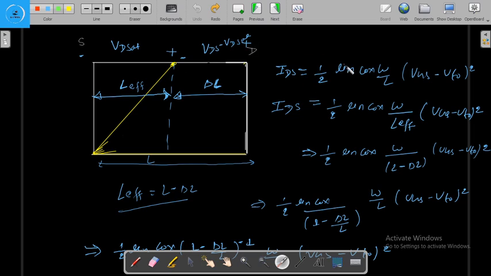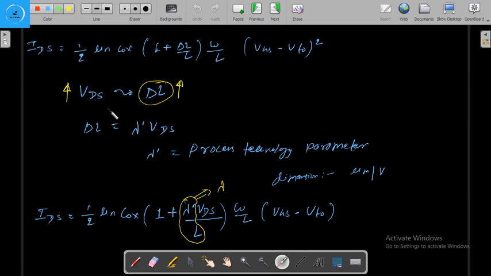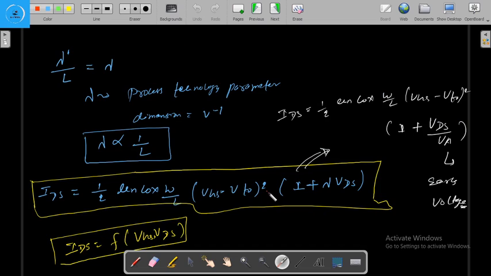And we have also derived the current equation, the drain to source equation for this channel length modulation, and we have found that the drain to source current due to channel length modulation is not only dependent upon the gate to source voltage, it also depends upon the drain to source voltage.